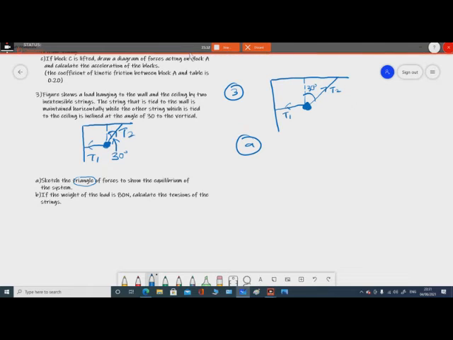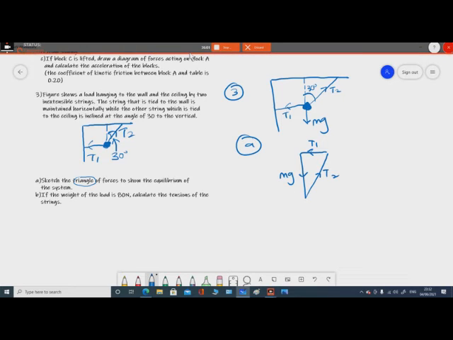So we have the object, and this one is mg basically. This is my mg, and this is my T2 tension for this string, and this is T1, just like so.